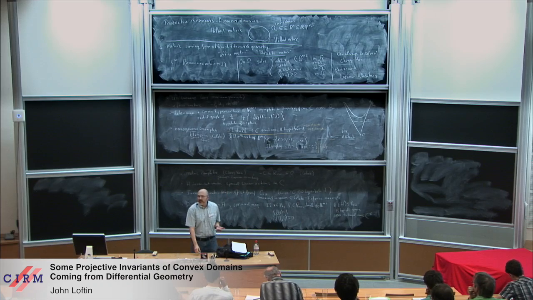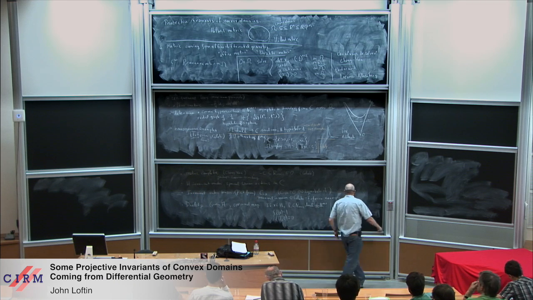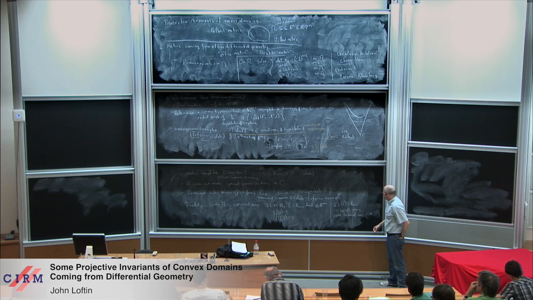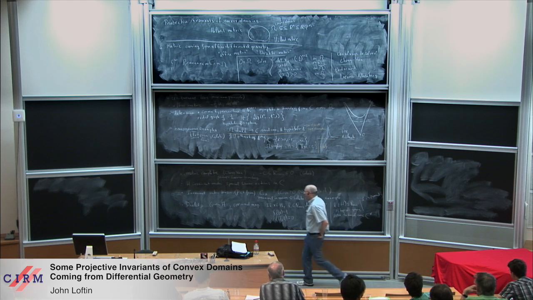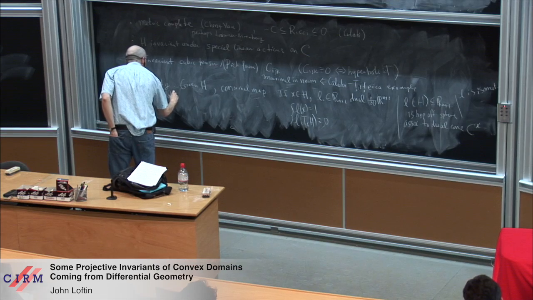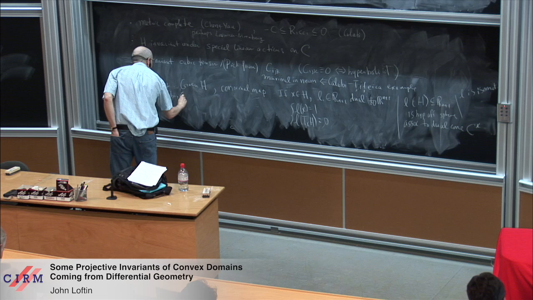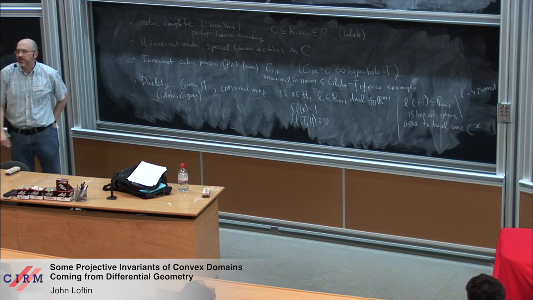Of course there's the notion of projective duality for these convex domains. This map is an isometry with respect to the affine metrics. And this duality is, I believe, due to Calabi, but in the literature it's in a paper of Sasaki.